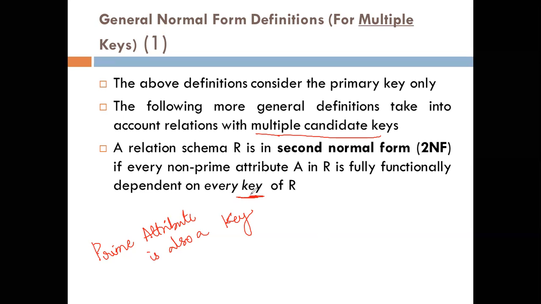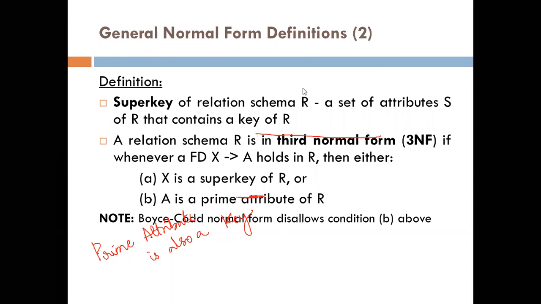So similarly we have to redefine the third normal form also. So a super key of a relational schema is a set of attributes S of a relation that contains a key of R. So based on this, the third normal form is defined like this.